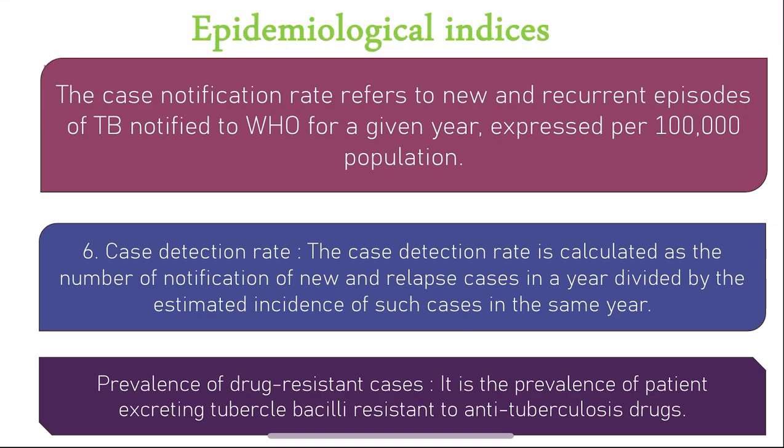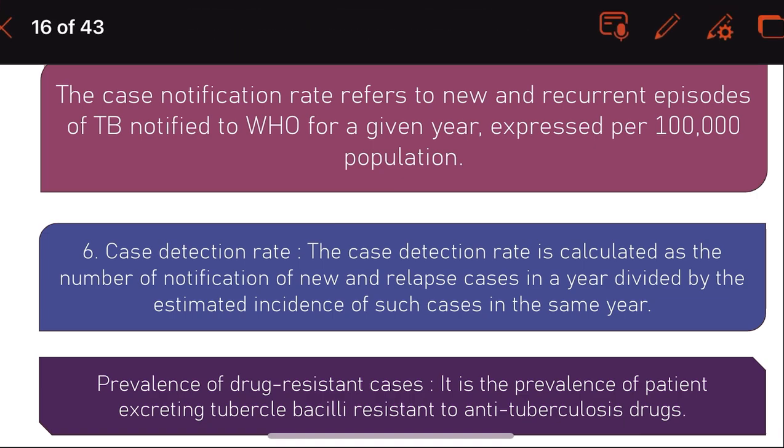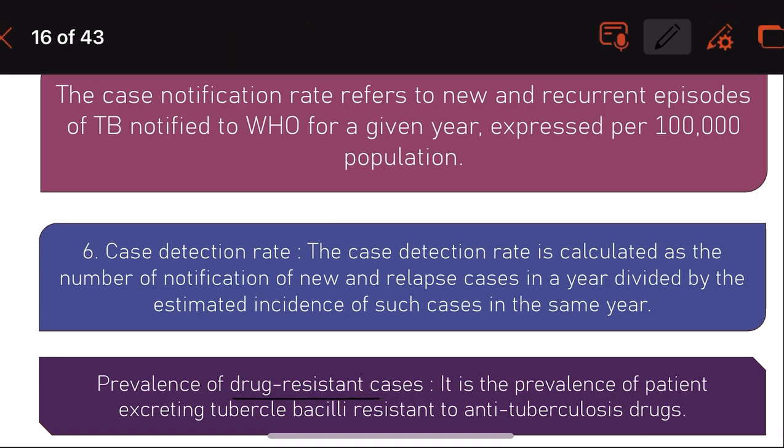Prevalence of drug resistance cases. It is the prevalence of patients who are excreting tubercle bacilli resistant to anti-tuberculosis drugs. They are drug resistant, so they are resistant to the anti-tuberculosis drugs. Very simple.